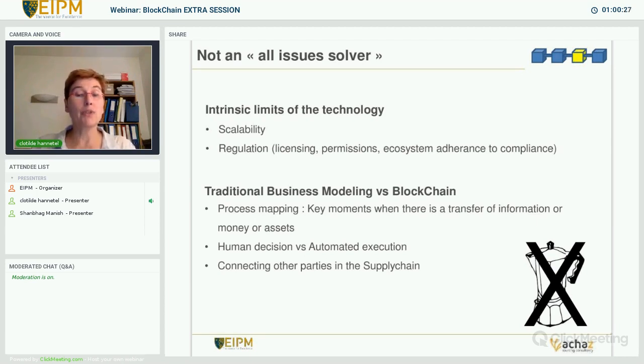The two biggest limits that we can think of right now are, first, scalability: going from registering a small number of transactions to registering a really high number of transactions at the same time.